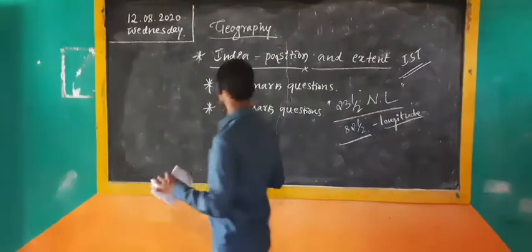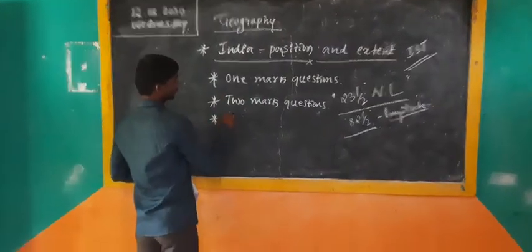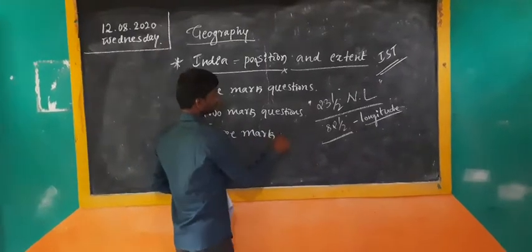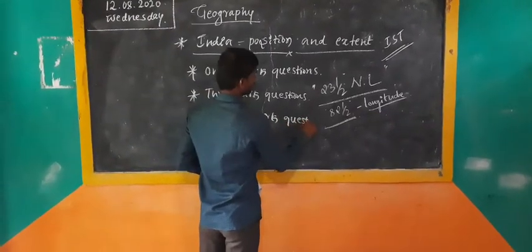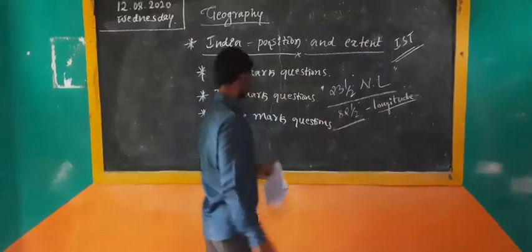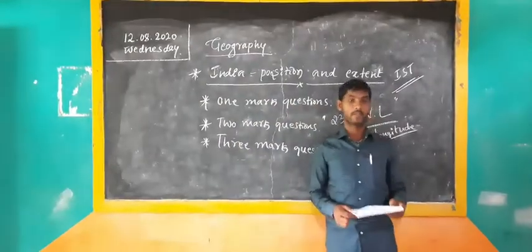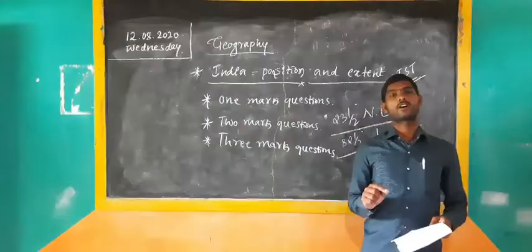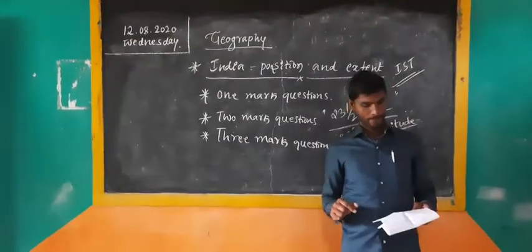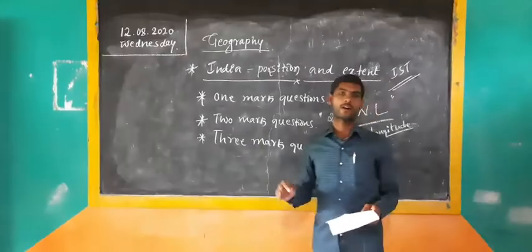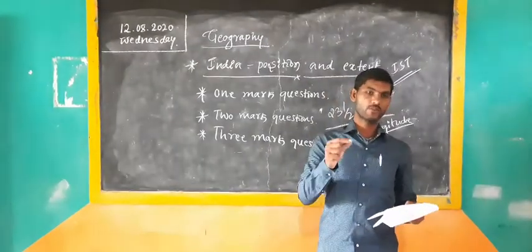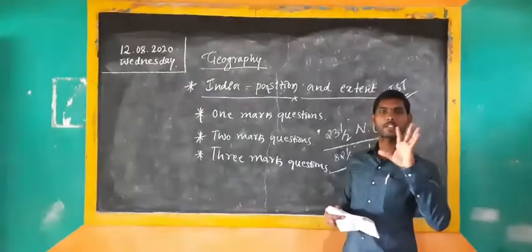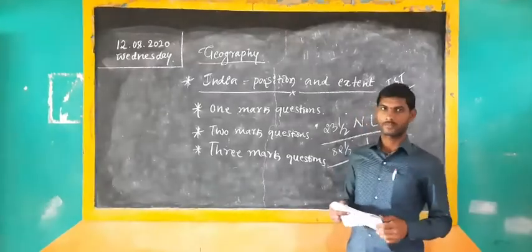Then 3 marks questions. Three more questions. The very first question. Write a brief note on administrative divisions of India. You should mention minimum 5 or 6 points.